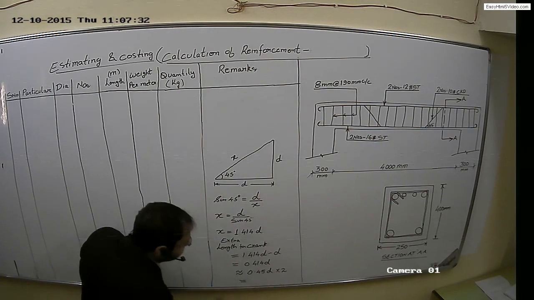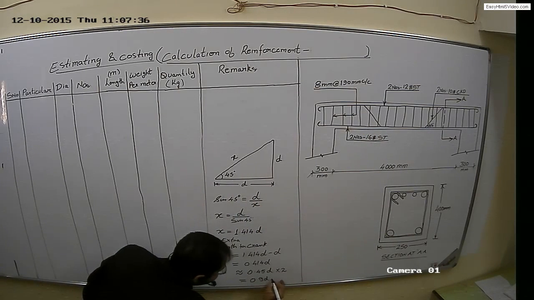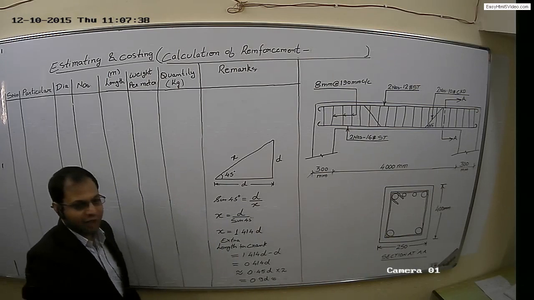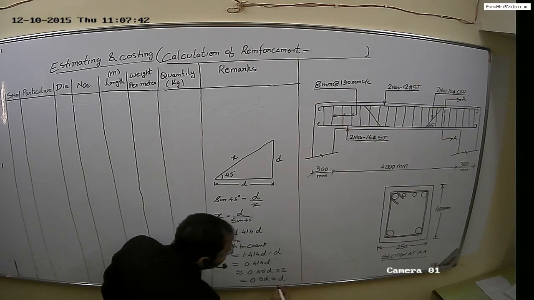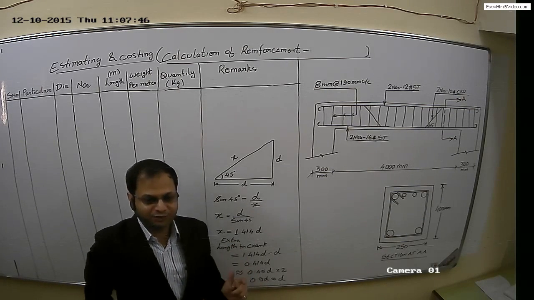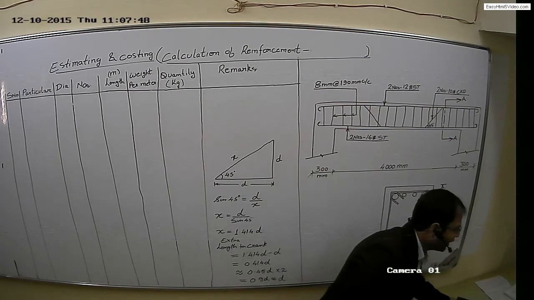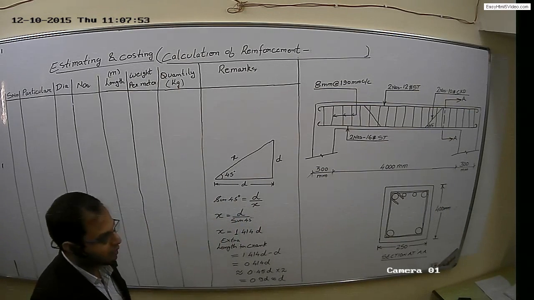Then we'll get 0.9D, which can be taken approximately as D. So for two cranks, we'll add one depth, the distance between the top bar and the bottom bar.